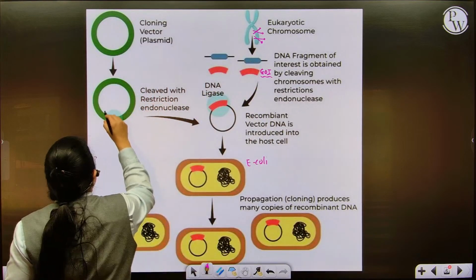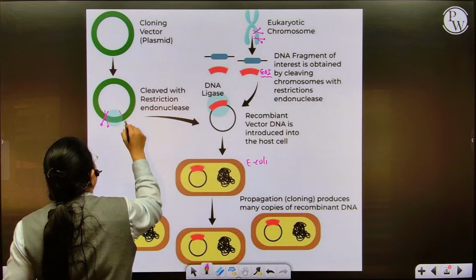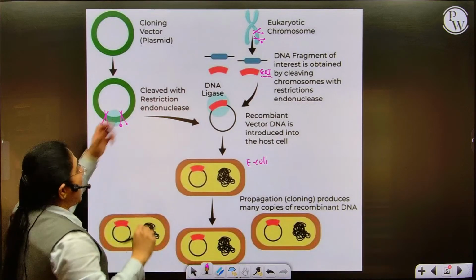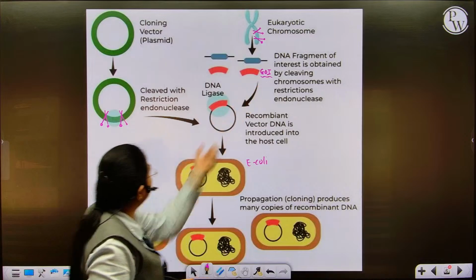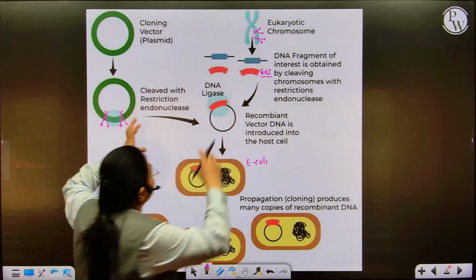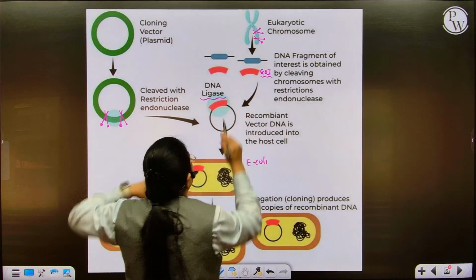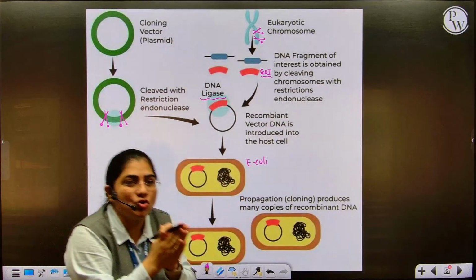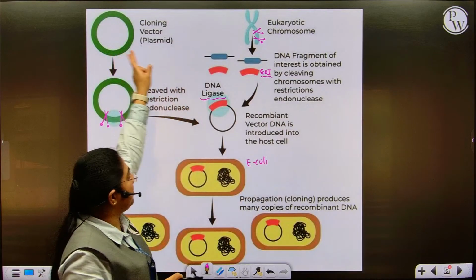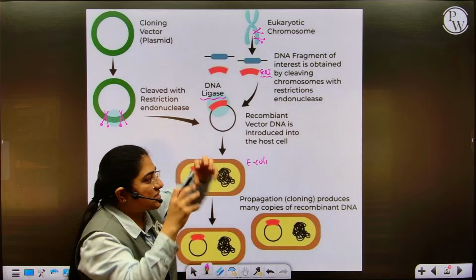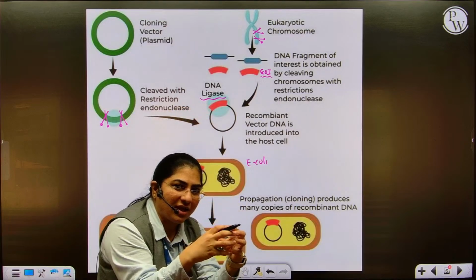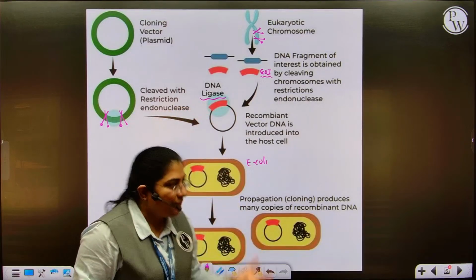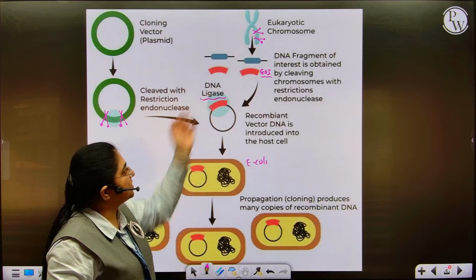We are using the same molecular scissors to make a small incision or a cut on this plasmid, and we are taking the gene of interest and inserting it with the help of an enzyme called DNA ligase, which acts as a glue. So we have initially made cuts. Now these cut parts we are joining together. For joining we need a glue. Here we are using a molecular glue which is DNA ligase.